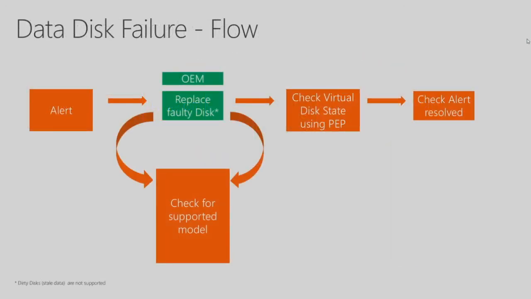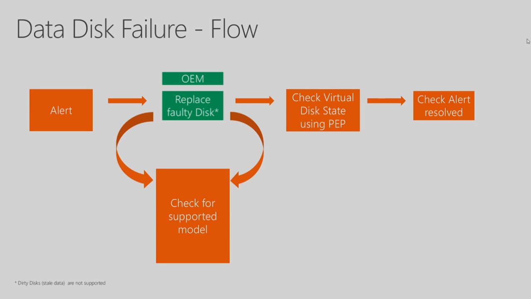The next scenario focuses on data disk replacements, which may most likely be the component that you replace most. Again, it starts with an alert that you have a faulty disk. The OEM comes in and replaces the disk, or they just ship you a disk. Again, this depends on the support contract that you have with the hardware partner. They may just ship you a disk and you do the replacement yourself, or you have a full service.